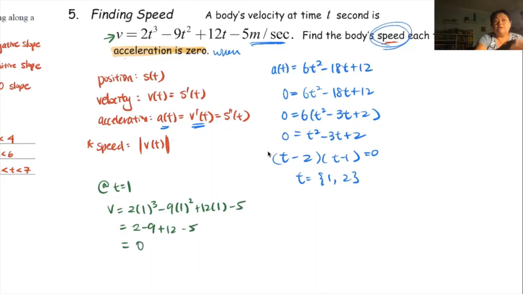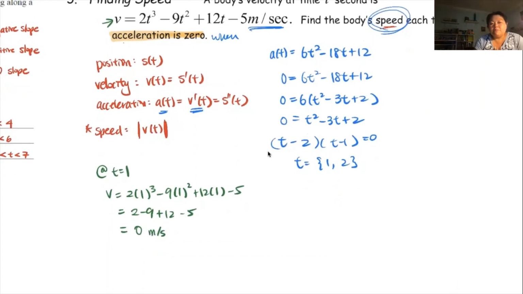Oh, it gives me 0. So I get 0 meters per second. Sorry, I'm trying to figure out my unit here. So at t equals 1, my speed is 0 meters per second, which is fine. It means it's not moving, right? That's okay. Again, for speed, it's absolute value, so I don't need to worry about it because 0 is not negative.